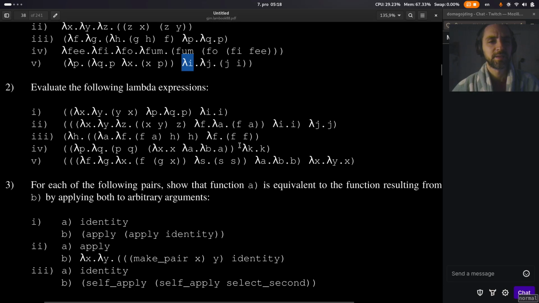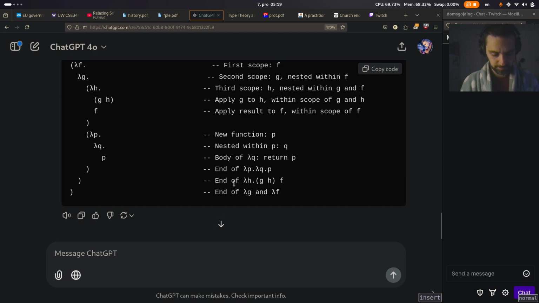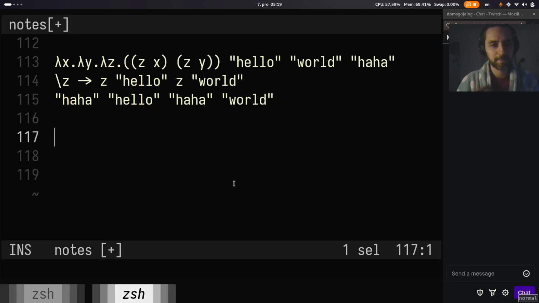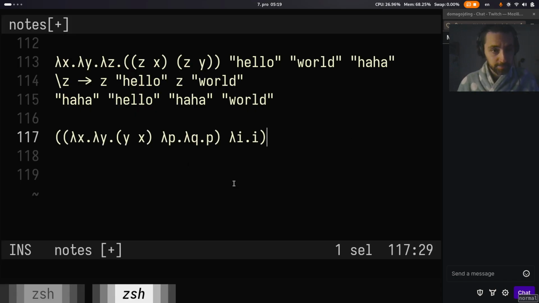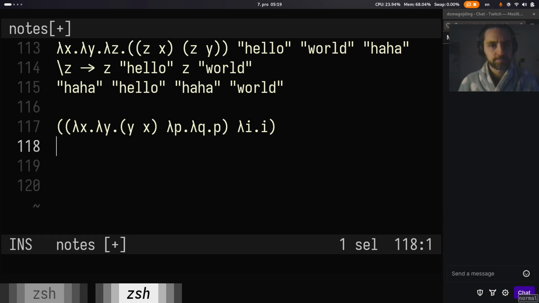Evaluate the following lambda expressions. Evaluate them. Okay. Let's evaluate them.